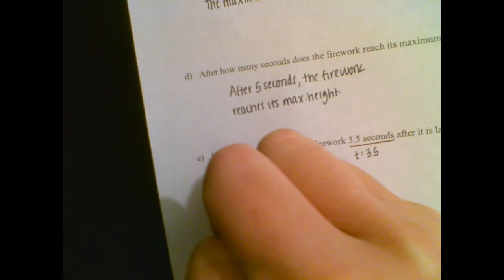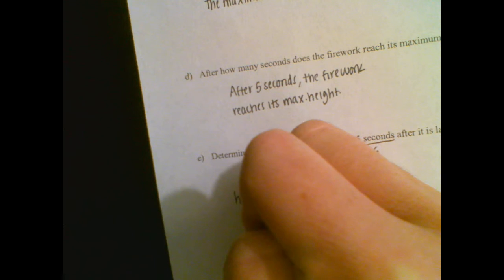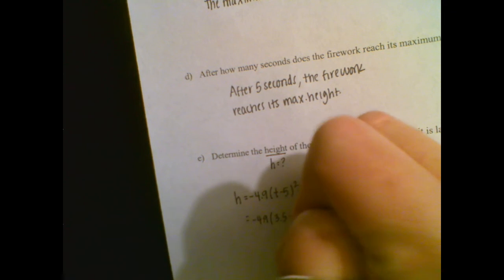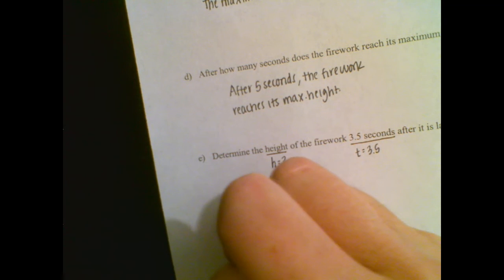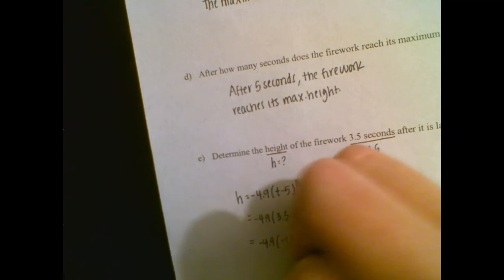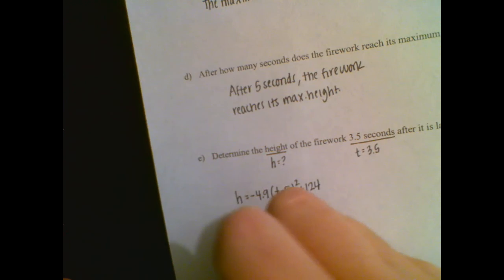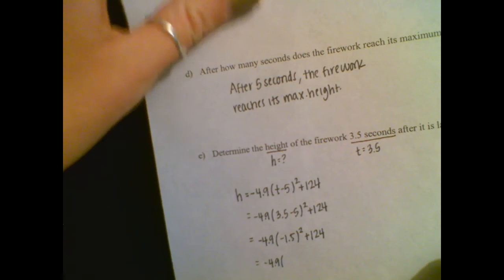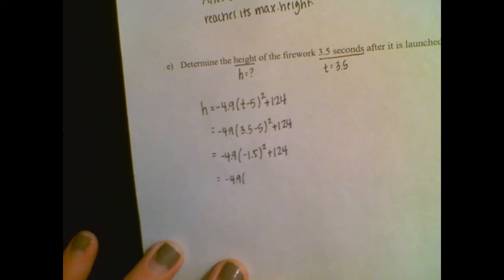So that's going to give us negative 4.9 times (3.5 minus 5) squared plus 124. That's negative 4.9 times negative 1.5 squared plus 124. And I'll just use my calculator here to do the negative 1.5 squared.